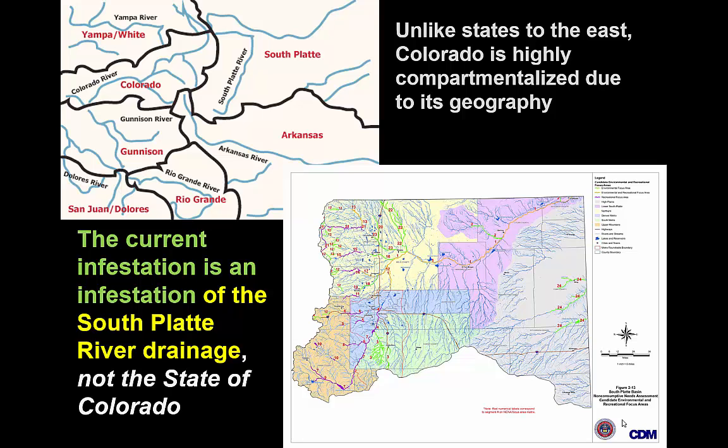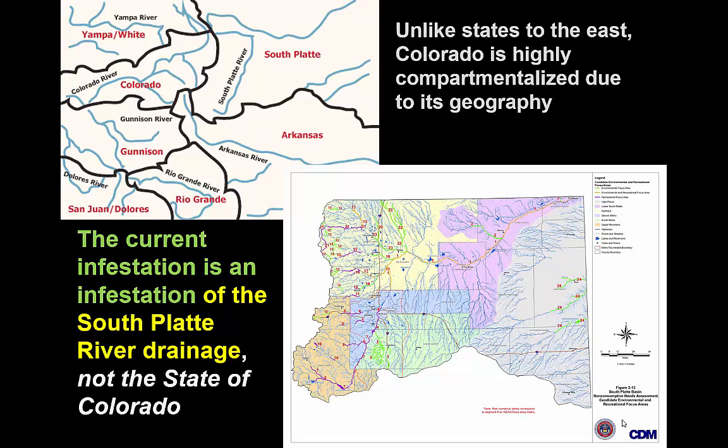And I think the best way to think about how it will get established and the regions of infestation is by river drainages. River drainages are usually defined by geographic features like mountain ranges.